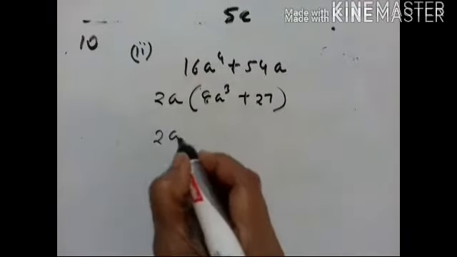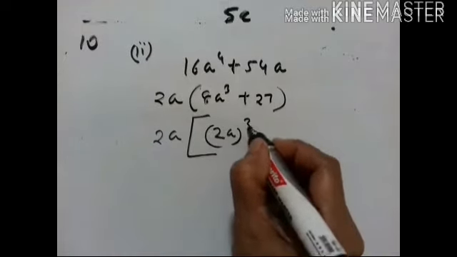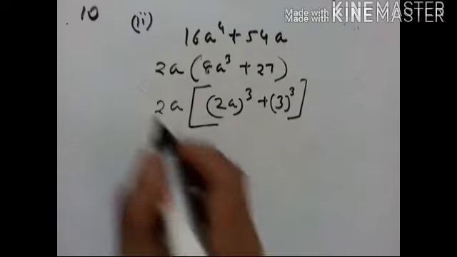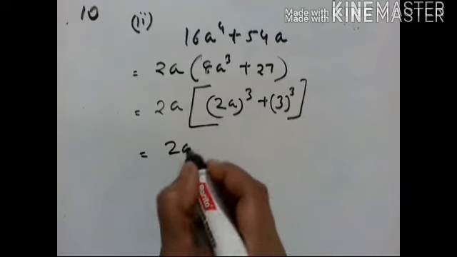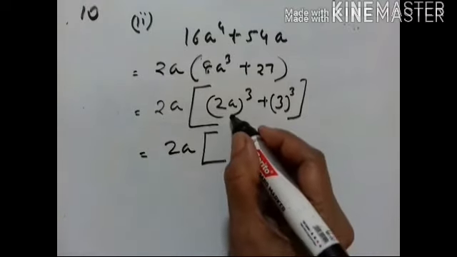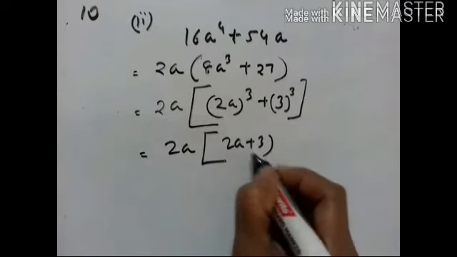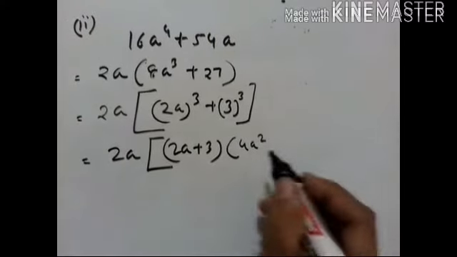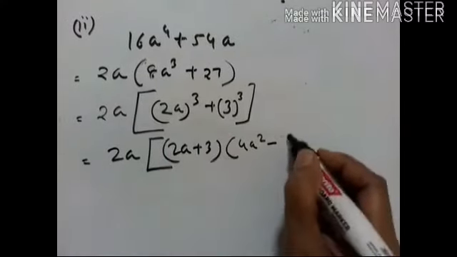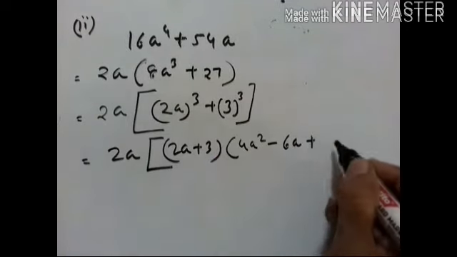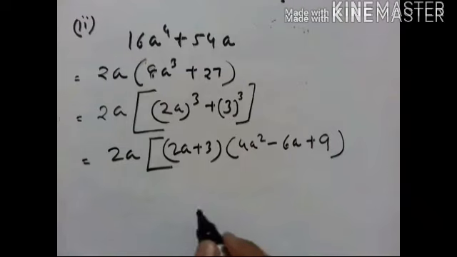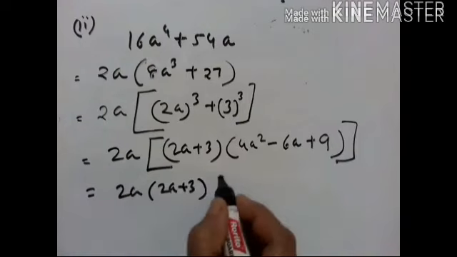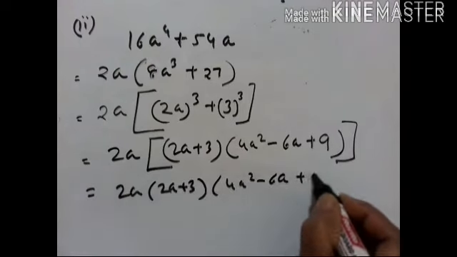So this is what? 2a cube plus 3 cube, a cube plus b cube. 2a into (a + b), that is (2a + 3) into a square, 4a squared, minus ab, minus 2a into 3, 6a, plus b square, 3 squared is 9. So 2a into (2a + 3) into (4a squared minus 6a plus 9).